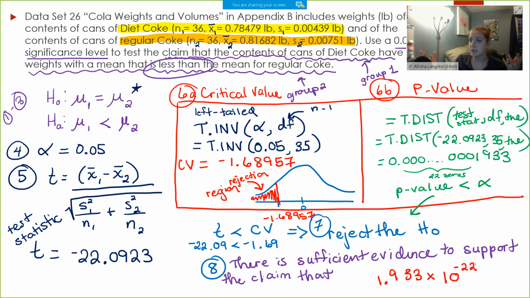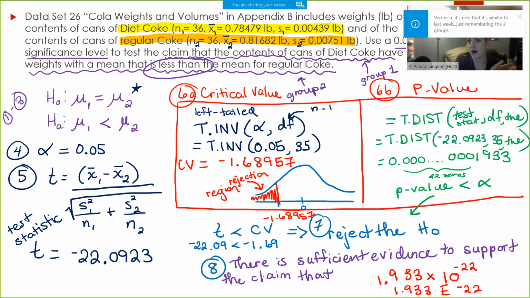There's too many zeros. Excel can't handle that, so it throws an E. So it's 1.933 exponent of negative 22. So that's scientific notation. You won't get that in your homework. This was just an extreme example because our test statistic is so far to the left.